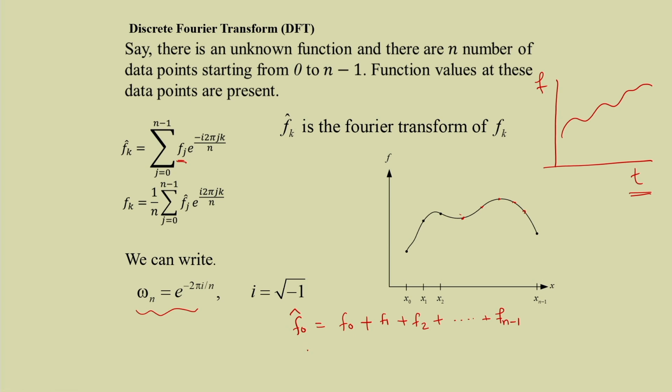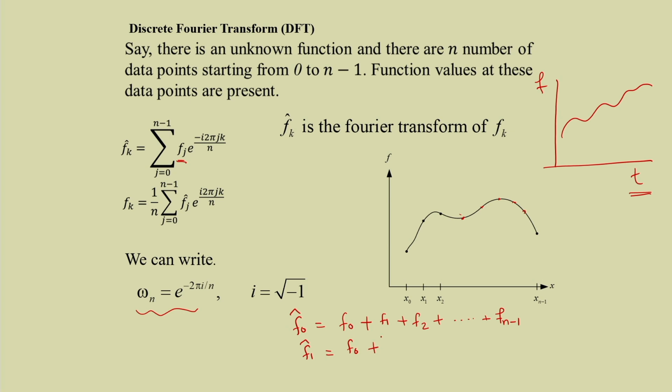Now let us find f 1 cap. Start with j equal to 0, so this is f 0. With k equal to 1 but j equal to 0, it is still e to the power 0, which is 1, so this becomes f 0.